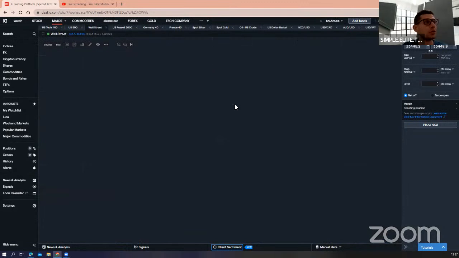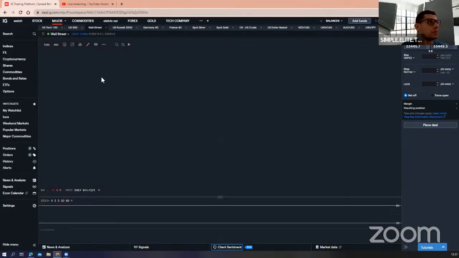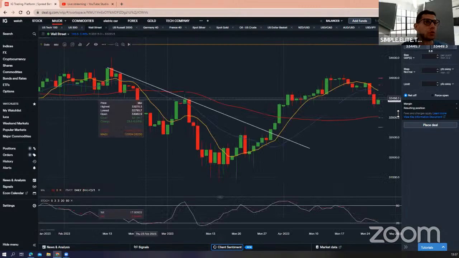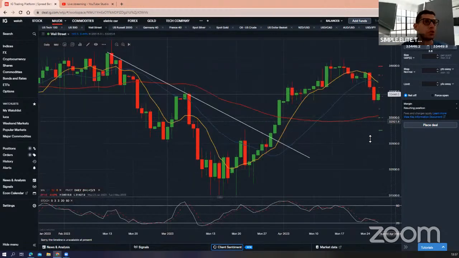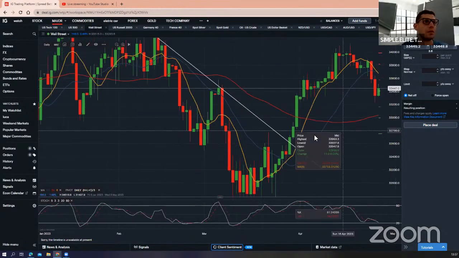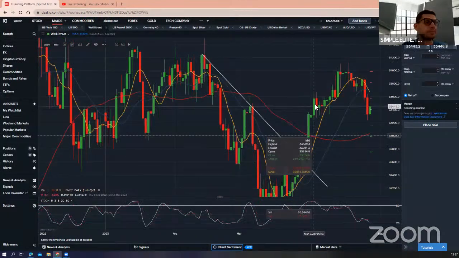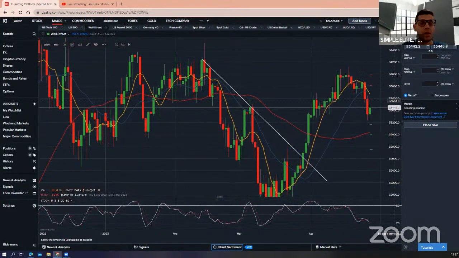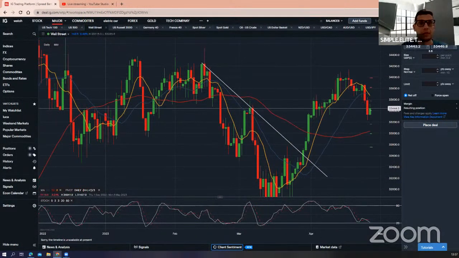So let's see Dow Jones. Dow Jones looks more bearish because, as we said, on the daily time frame you can see the MAs are starting to cross over, pushing down. So we can probably see a change of trend like this, with a little bit of retracement.